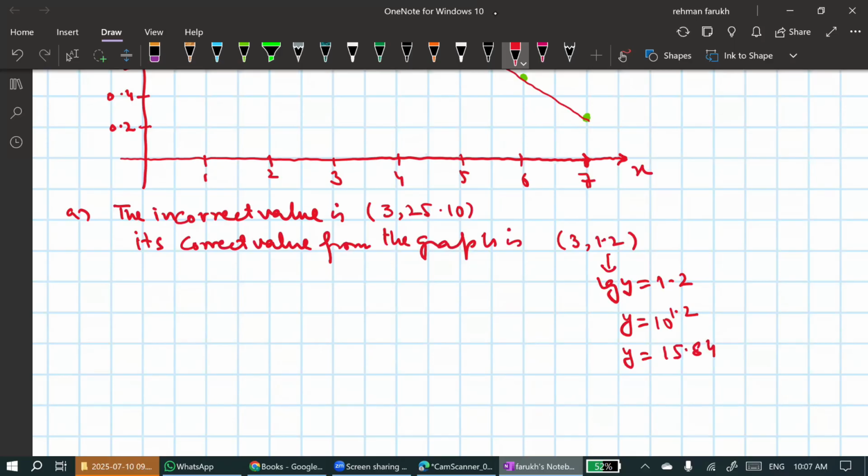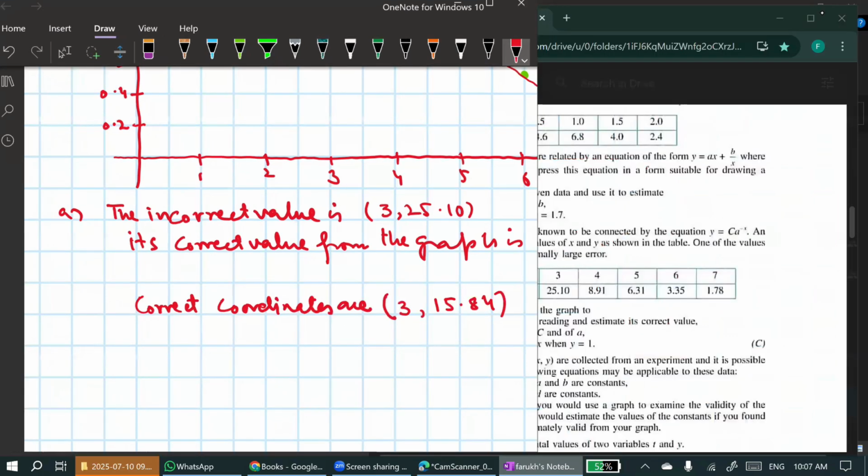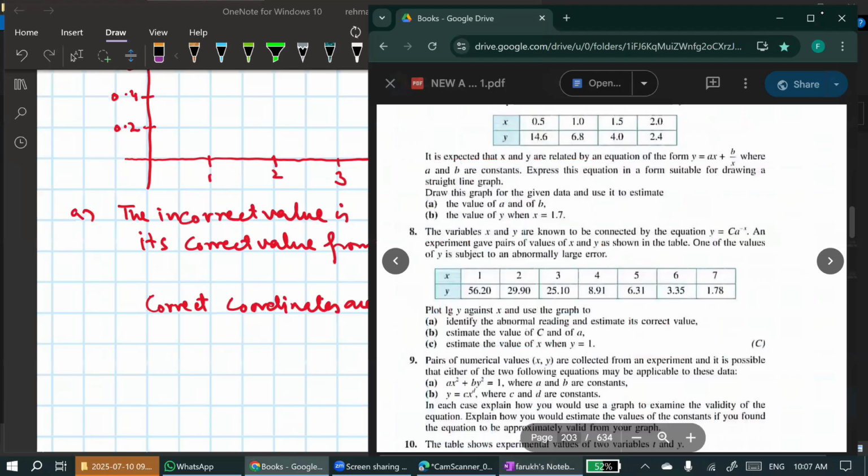So the correct coordinates are x is 3 and y is 15.84. Is there any confusion? No sir. Now estimate the value of C and A.